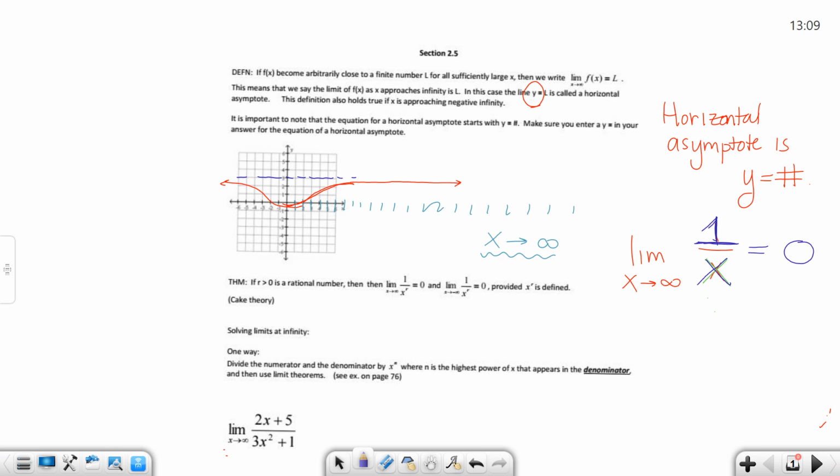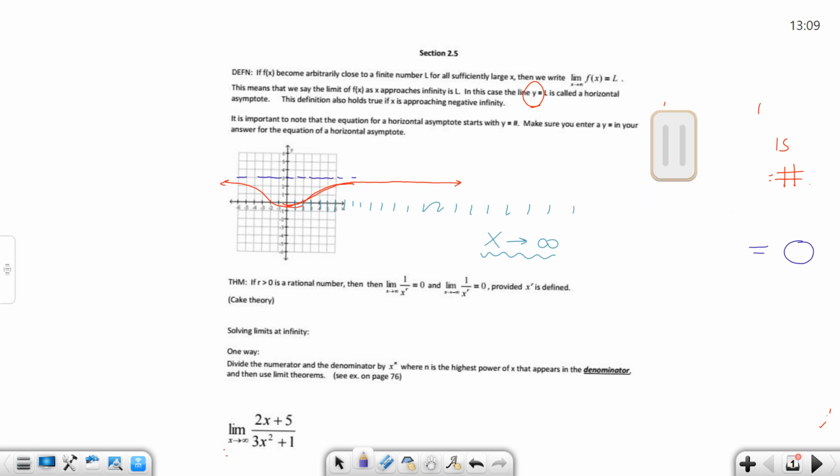If you invited 1 million people over to eat cake, you wouldn't get any cake. That's what the cake theory says. When you have a limit as x approaches infinity and x is in the bottom, that limit's going to give you 0. That's the theorem behind it.